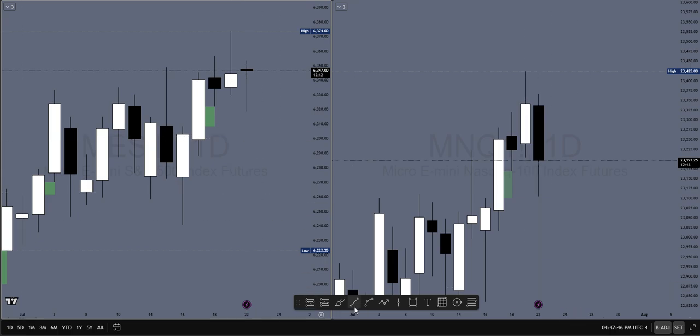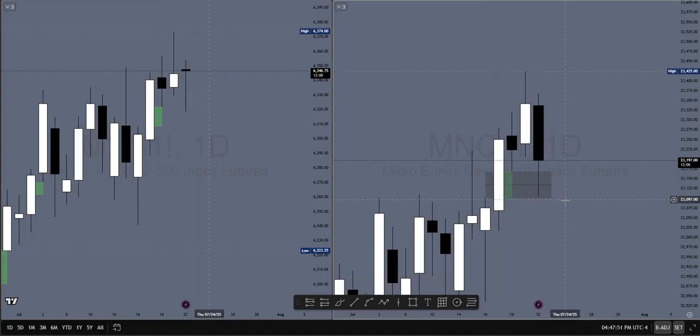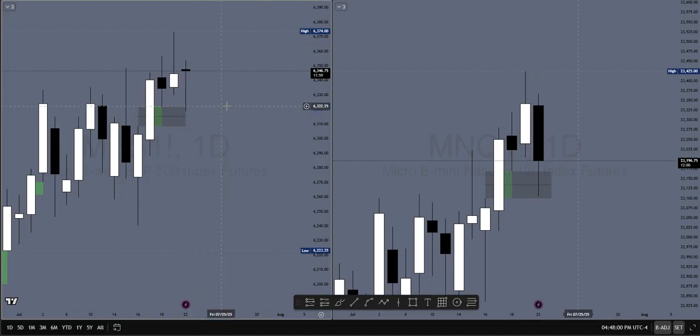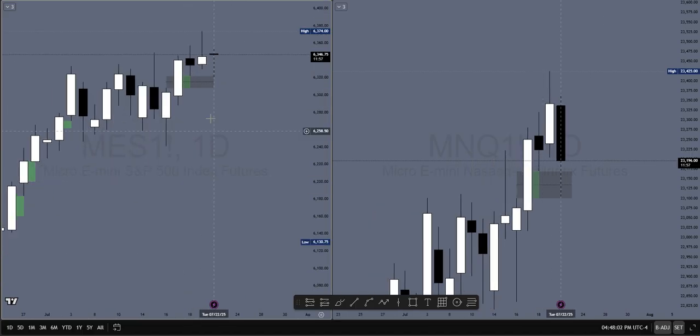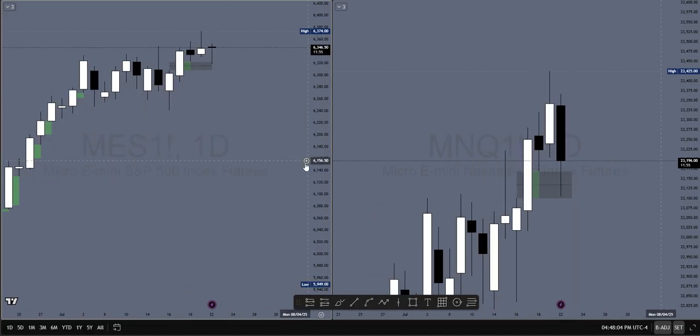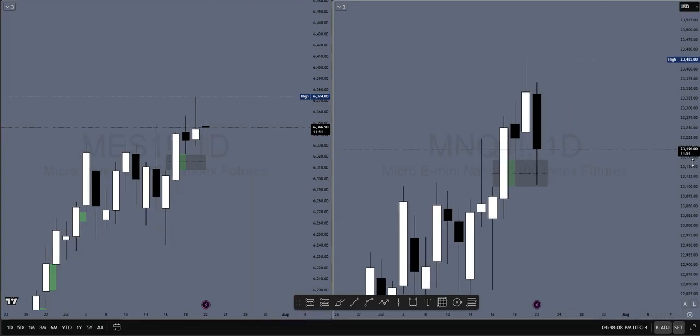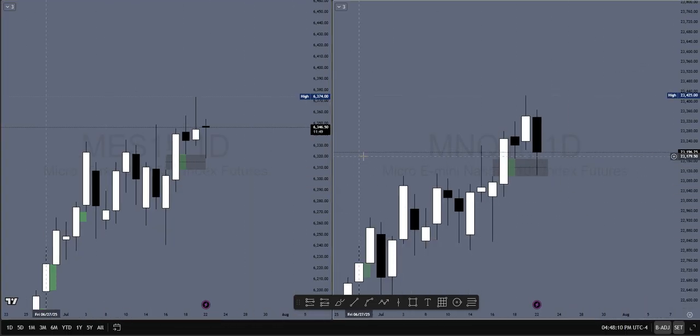I'm sure some of you guys already know that. So what we see here is the daily imbalance. You would mark that out. For us to go any higher, we'd have to hit these imbalances. That's internal range or external range to internal range to equilibrium, or vice versa with everything else.